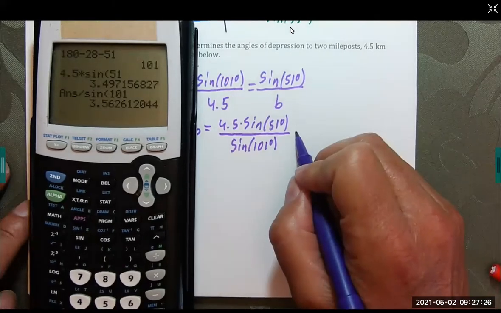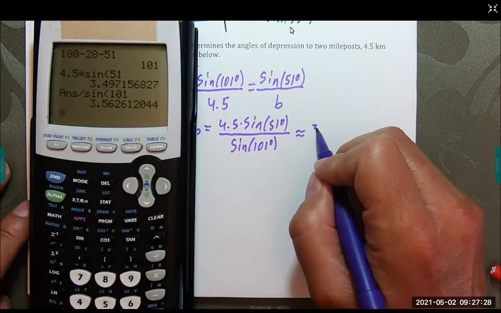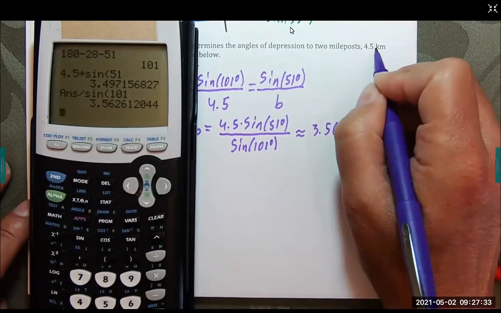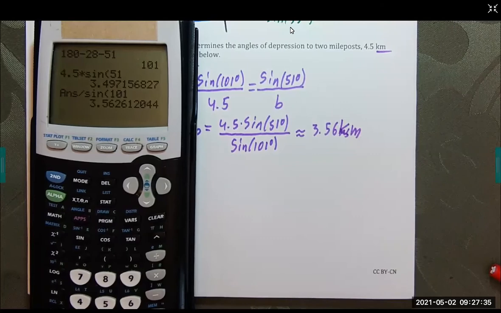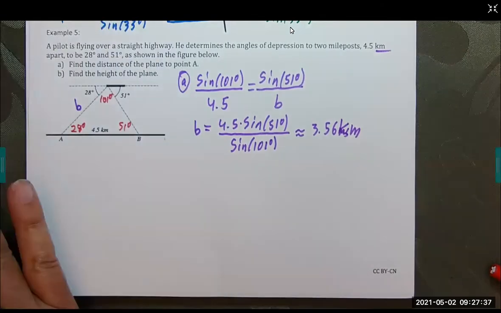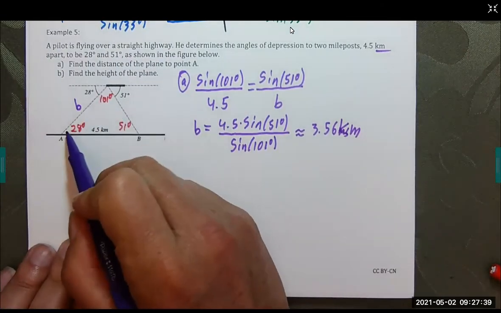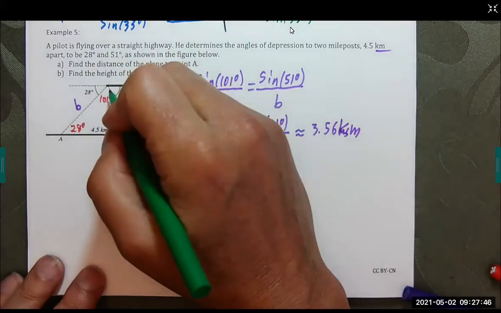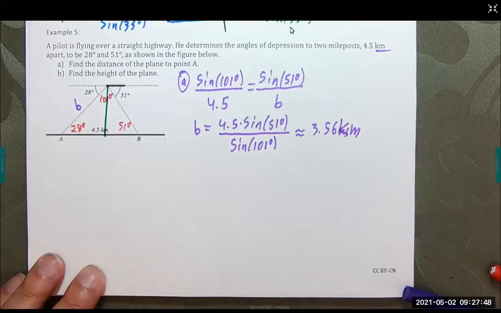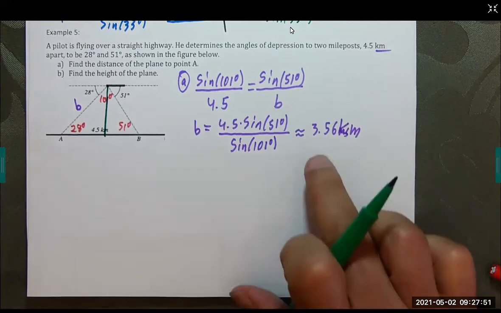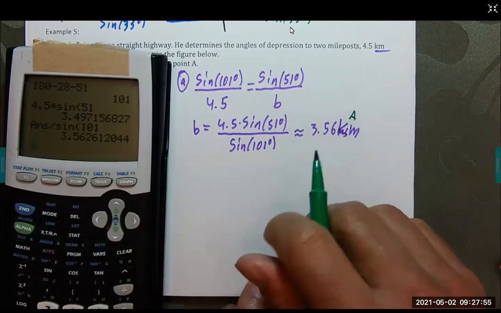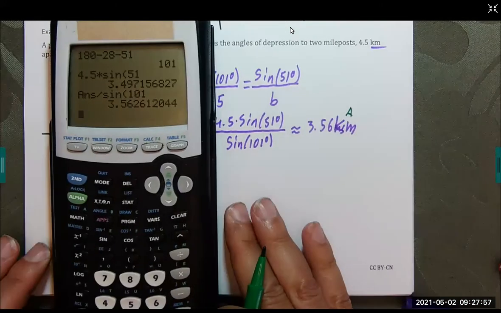So the plane is about 3.56 kilometers away from point A. The second part to this, part B, is what is the height? Well, now that I know this, and I'm going to go ahead and store that off as A, this long number here, so store as A.